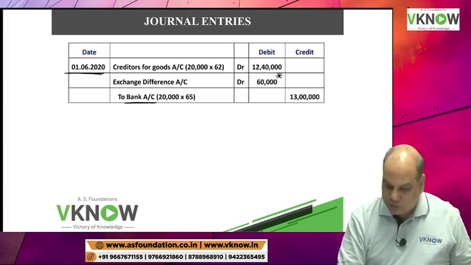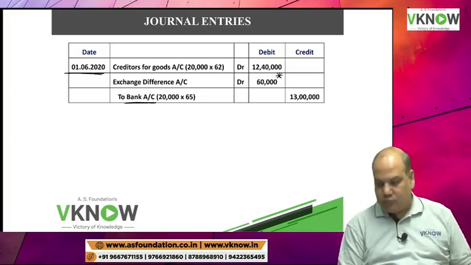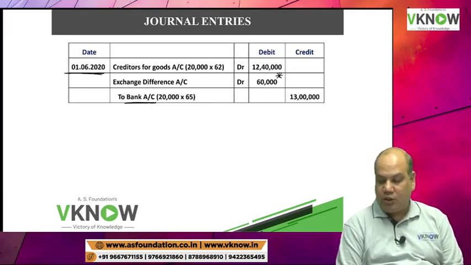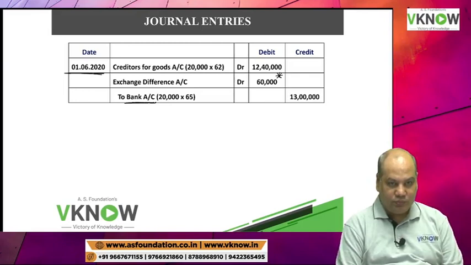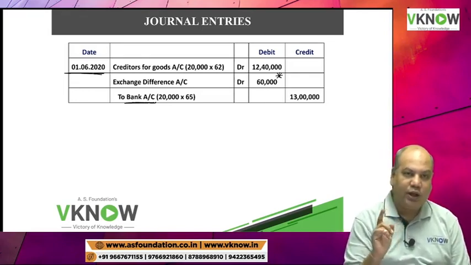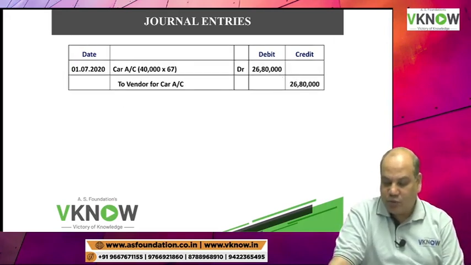To bank account, 20,000 into 65, that is 13 lakh. So $10,000 is still outstanding, that at the end we are going to revalue. Okay? Any query up to this?